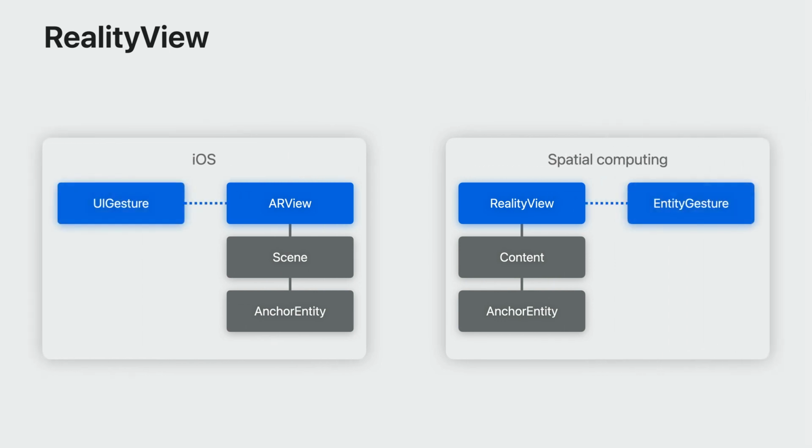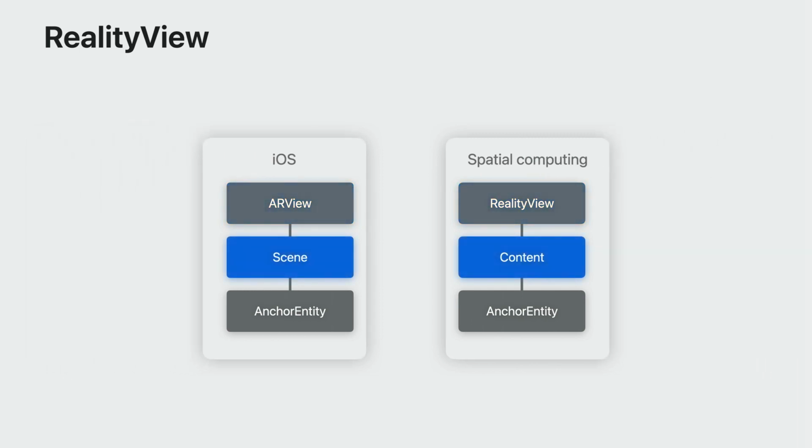You can add gesture support to your views to enable selection and interaction with entities. With SwiftUI for spatial computing, you can reach out to select or drag your entities. Both ARView and RealityView provide a collection of your entities. ARView uses a scene for this. RealityView has a content to add your entities to.